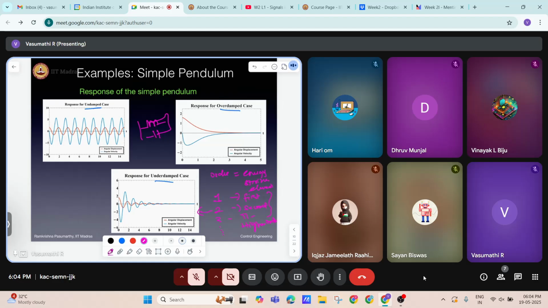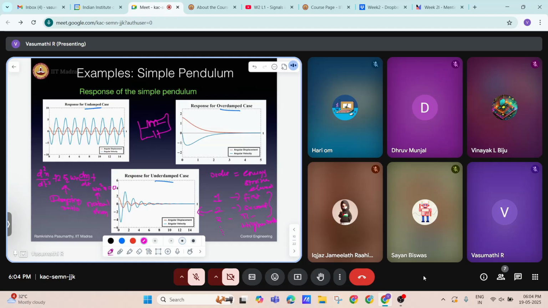So we can represent this as a mathematical equation like this: d²x/dt² + 2ζωn dx/dt + ωn² x = 0. In this representation, this zeta is the damping ratio, and this omega is the natural frequency.